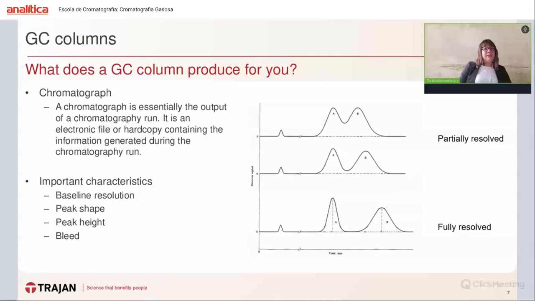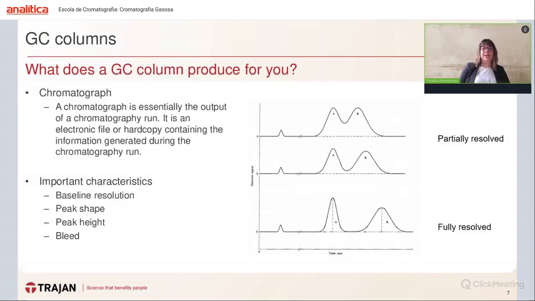So here are examples of what our peaks look like, what a chromatogram looks like, just part of the chromatogram. So this is an output of our analysis of the chromatography run. An important characteristic of a chromatogram is the baseline. It should be a flat line, and the peaks should be baseline resolved.